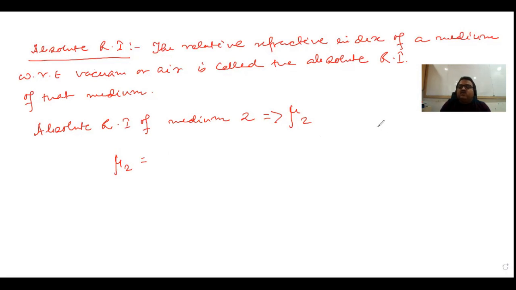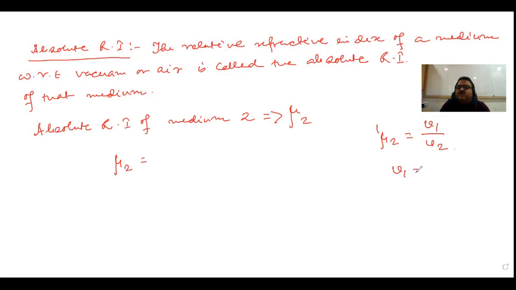And we know 1 mu 2 is defined as the ratio of the speed of light in medium 1 to the speed of light in medium 2. And in this case, the light is coming from air or vacuum to another medium. So what should we do?